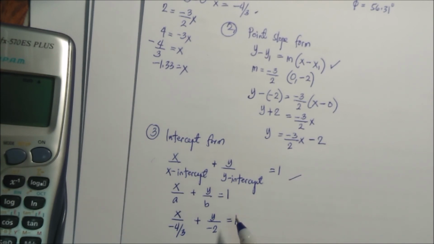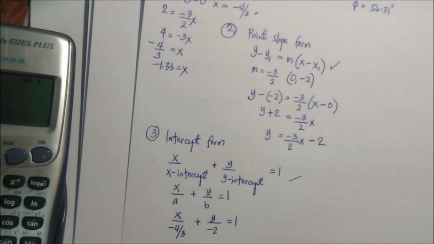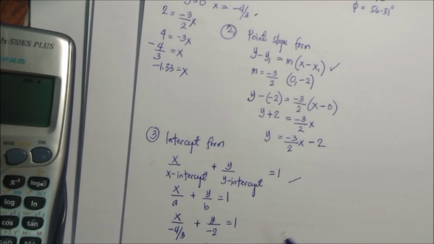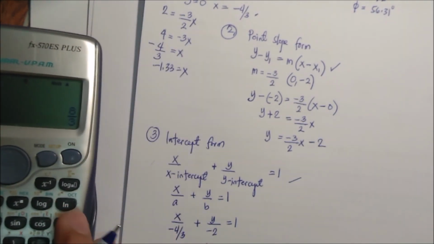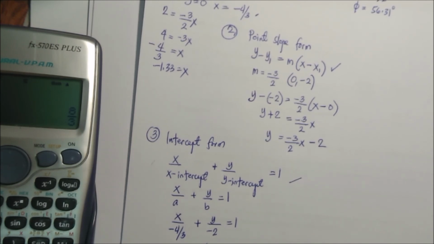Okay, so here we have negative 2x minus 4/3 of y, divided by 4/3 times 2, we have 8 over 3, that is equal to 1.